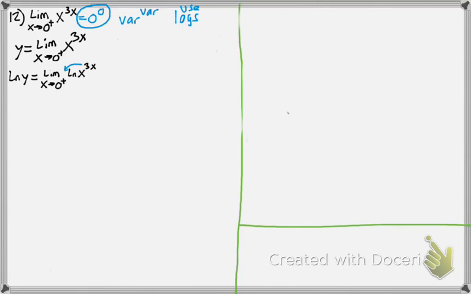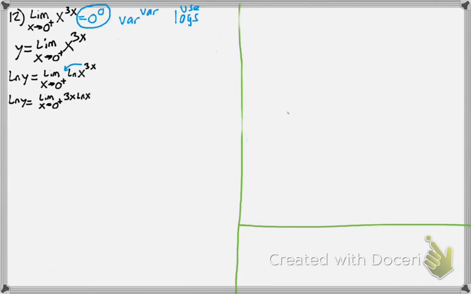And it's not a derivative thing. It's not because of the derivative. It's because of logarithms. You're just allowed to bring down the exponent. So this will be ln of y is equal to the limit as x approaches 0 of 3x times ln of x.